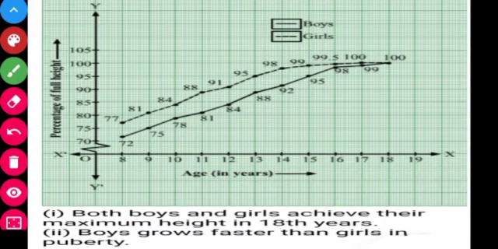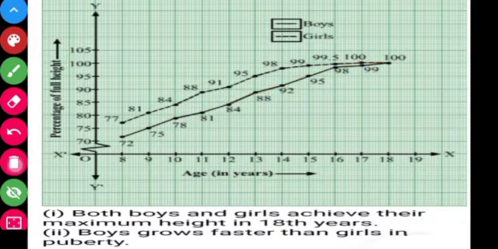Now it is done, and then join all points. Then you will get this line graph for boys. Use one color for the boys, and now draw for girls.